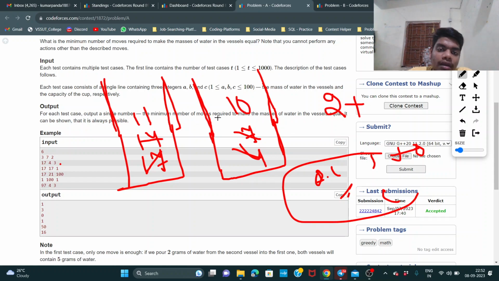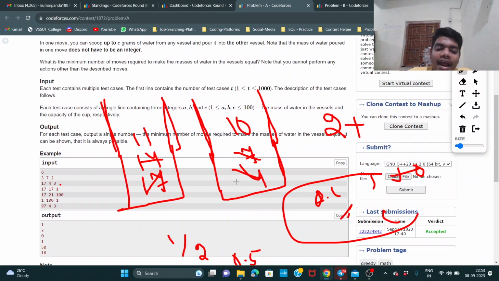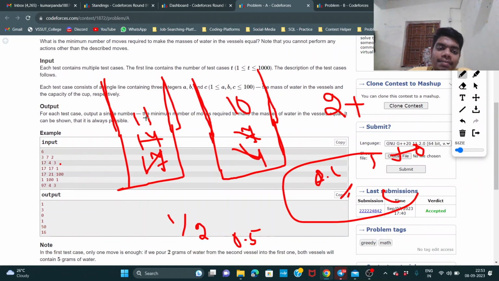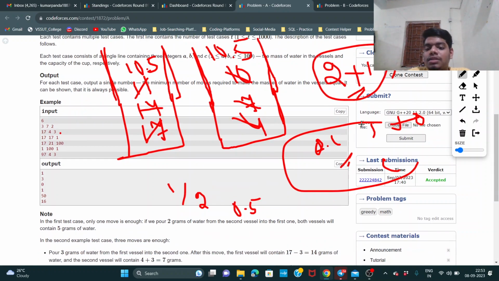So now the maximum value I require here is 1, and we have to distribute this to both vessels. That means 1 by 2, 0.5. Just take 0.5 gram of water from this vessel and pour it into this vessel. It becomes 10.5, and similarly this becomes 10.5. So how many steps do we require? The number of steps is 3.